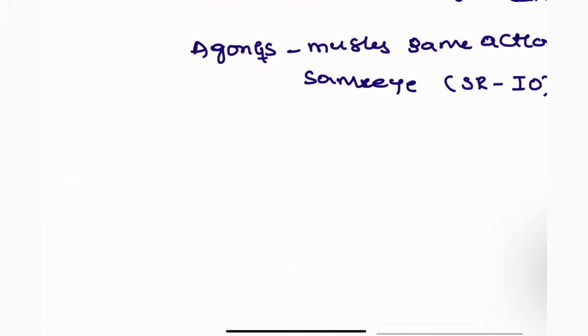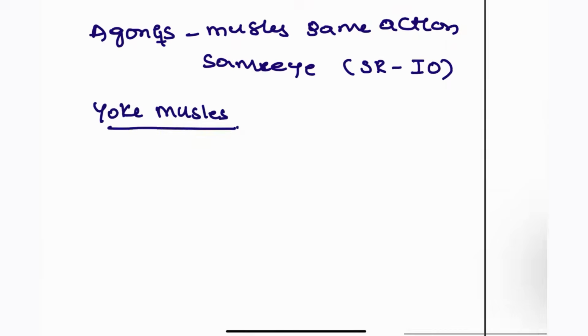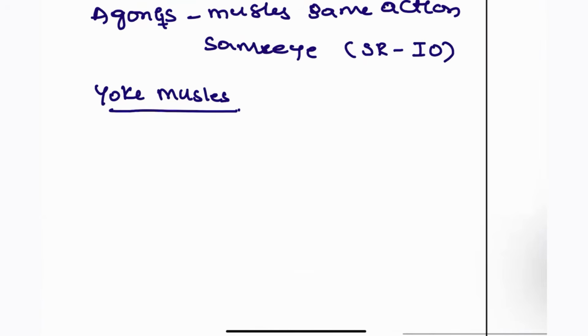Next, we have the yoke muscles. What does yoke muscles mean? Yoke muscles are one muscle from each eye that helps to look in the same direction. The direction is called version. Version movement is seen by these muscles.